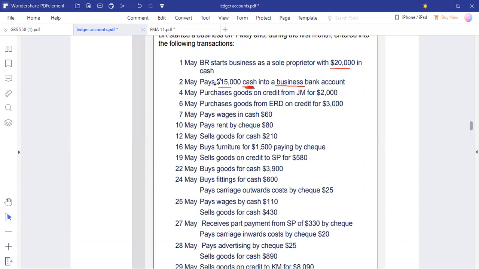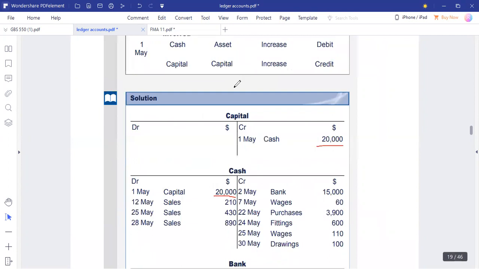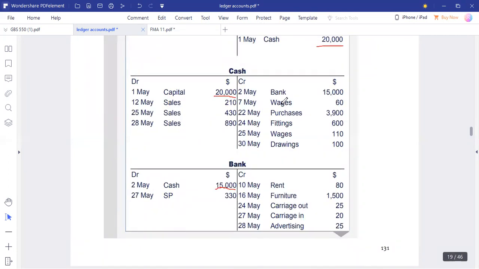So from cash, we're going to credit this amount because it is leaving the cash till. So when we go to cash here, we'll go to the credit side. We're going to put 15,000 because money is coming out, and money is going into the bank till. So the 15,000 again will appear.